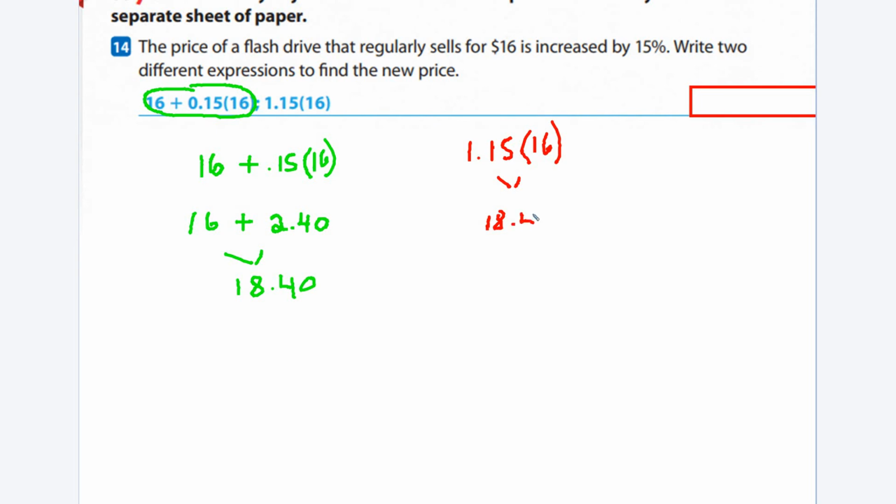But let me show you how they came up with this. All they did was, remember, if it's originally $16, that's 100%. But because they increased it by 15%, you would add 15% to 100, and now you'll be paying 115%. Everybody see that? In decimal form, it's 1.15. That's how they got that.